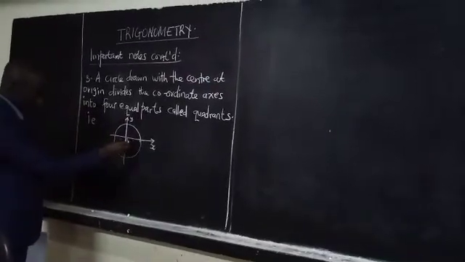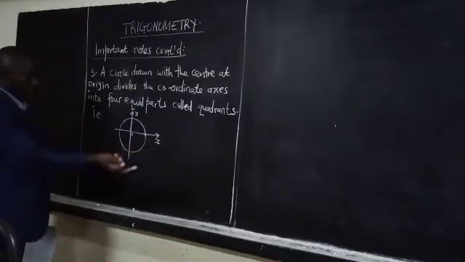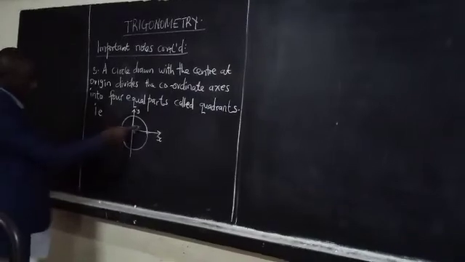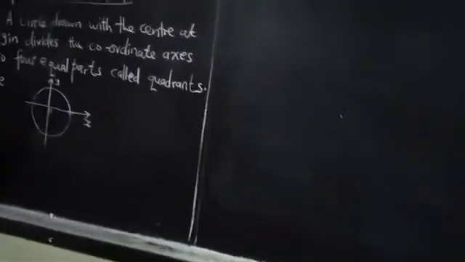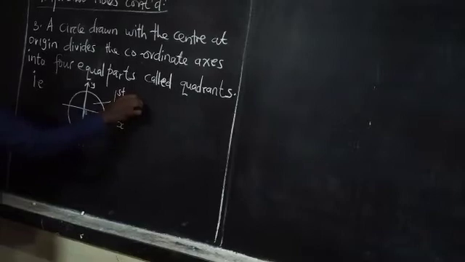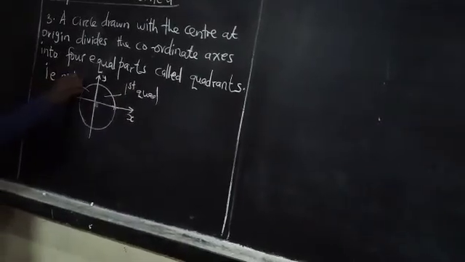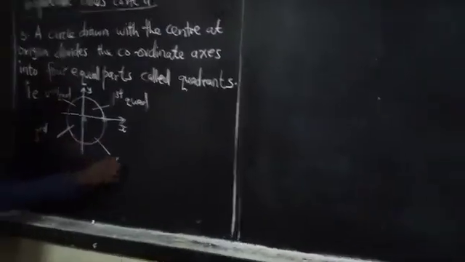As when your father produces children, they say this is the first born, second born, third born, fourth born. So this time it is the quadrant: first quadrant, second quadrant, third quadrant, fourth quadrant.